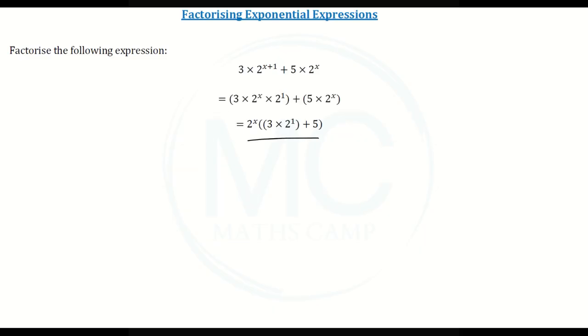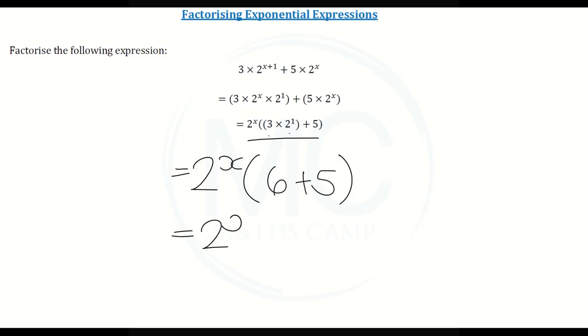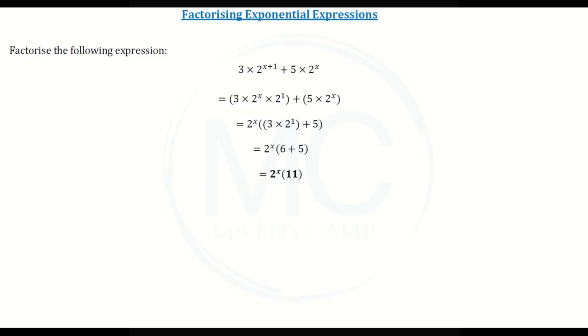Now we can simplify these values. We have 2 to the power of x outside of our brackets. 3 multiplied by 2 is 6. And then we plus 5. Let's add these terms together. And we're going to get 2 to the power of x. Open brackets. 6 plus 5 is 11. And we have now completed this example.